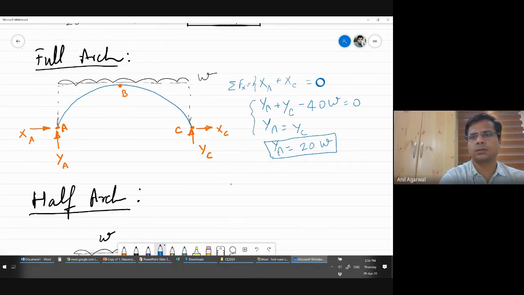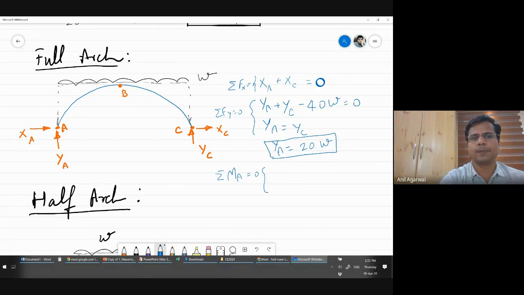This is sigma Fy is equal to 0. And I'll also do a moment balance. So from moment balance, sigma MA, moment about point A. So what do I get from here? XA, YA I won't get. I'll have to look at external force, and that has to be 0.